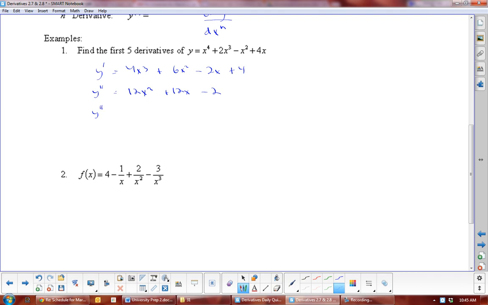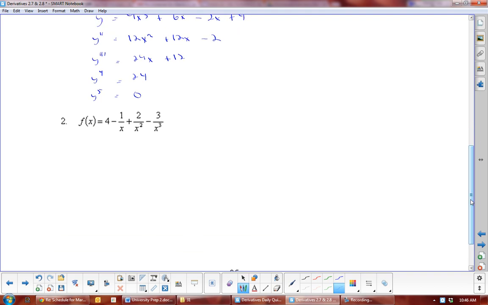The third derivative would be 24x plus 12. The fourth derivative would be 24. And the 5th derivative would be, what's the slope of 24? 0. So yeah, you are finding the slope of the slope of the slope of the slope.